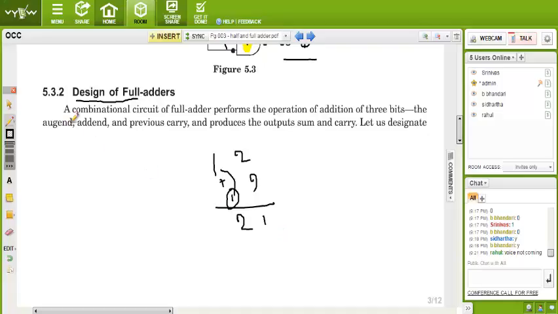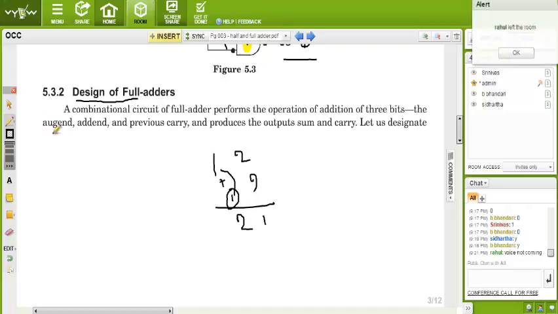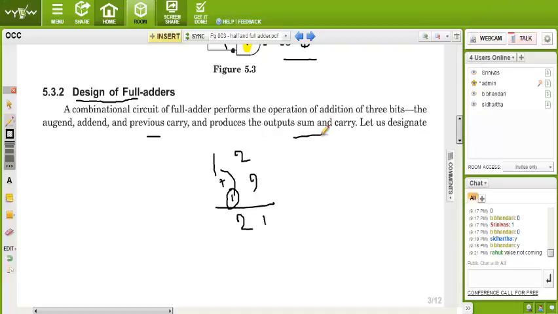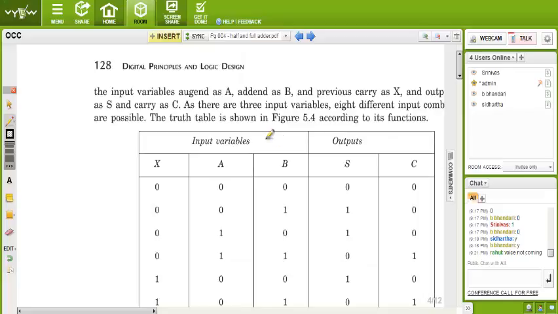Okay, so a combinational circuit of full adder performs the operation of addition of 3 bits, the addend and the previous carry, and produces the output sum and carry. Okay, it will calculate the previous carry. That means we add this digit and it will generate a carry, then we have to add this carry also. See how? Suppose the input variables are A, B and carry is X.